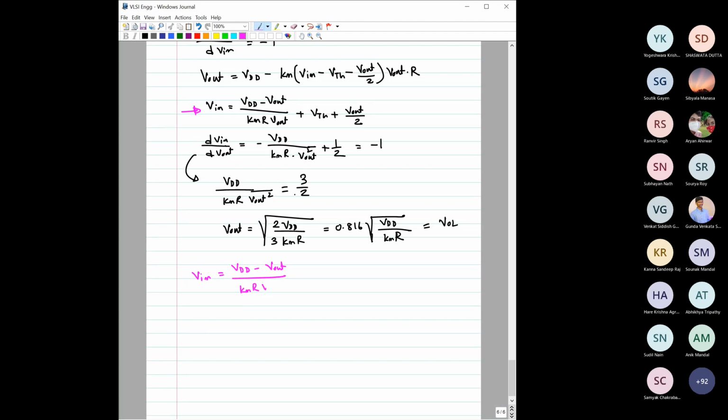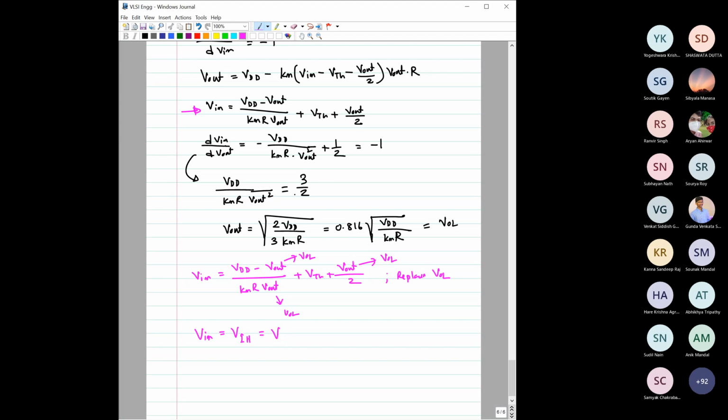This is KNR, V out, then you can understand what will be the expression, right? Now you have to replace this VOL. V out is basically here VOL, right? All V out would be equal to VOL, and for VOL you have to write this one and then find the expression of this VIN, which would be equal to this VIH.